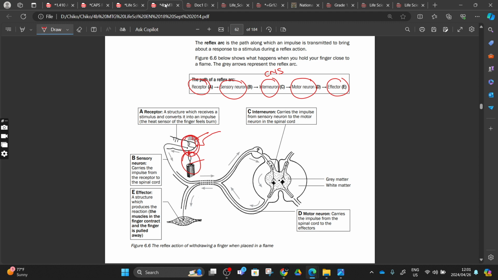Since you have pain receptors here in your thumb, you have pain receptors in your skin. Those pain receptors are going to receive your stimulus and convert it into an impulse. Right, after converting it into an impulse, your sensory neuron is going to pick up those impulses, or those neurotransmitters, and then the impulse is going to be passed via the sensory neuron, which carries the impulse to, you can see here they cut it because it's a long process.